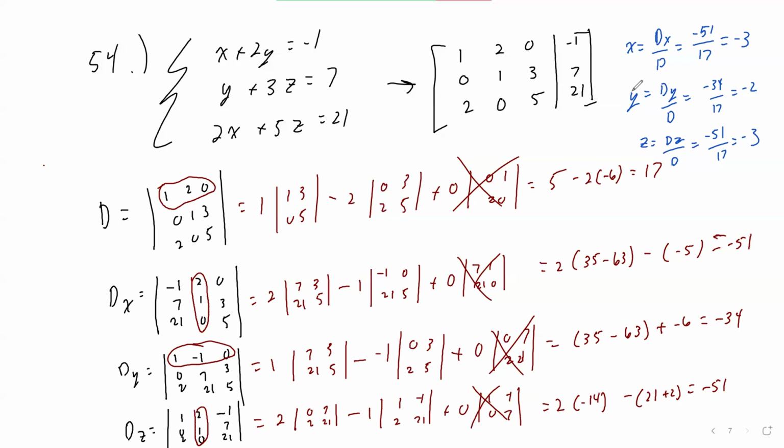So see, I got my 1, 2, 0. So I used 1, 3, 0, 5. That would be 5. And I used 2. And I used 0, 3, 2, 5. And that would be negative. So 5 minus 2 minus 6, which makes it positive 12. So that looks good.